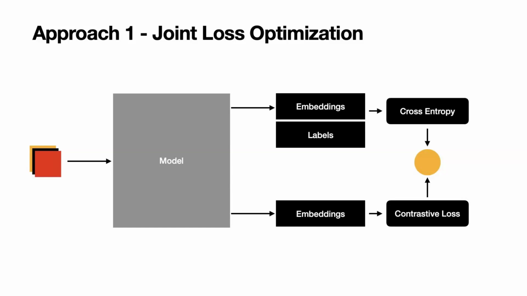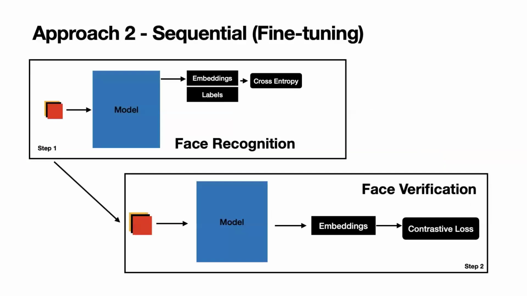The other way you can learn better discriminative features is to separate these two tasks out, which the notebook is kind of structured that way, but feel free to do whichever one makes sense to you. In the first one, you just do the first task, which is face classification.